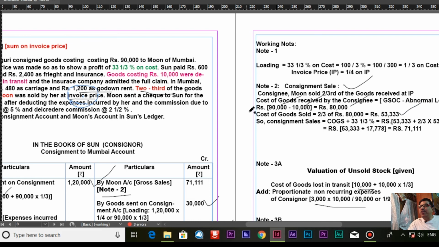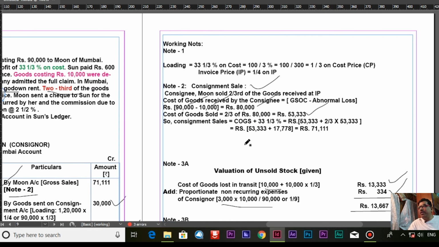This item is very important. Therefore, we have to charge loading on it, and it is a cost item. Therefore, I have to add 1/3 of rupees 53,333. This is the loading.